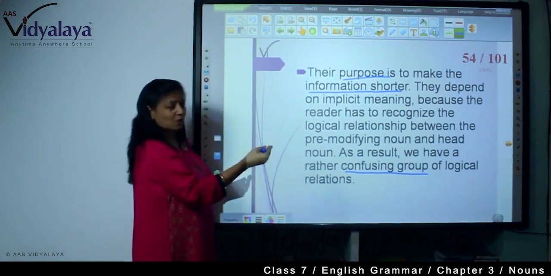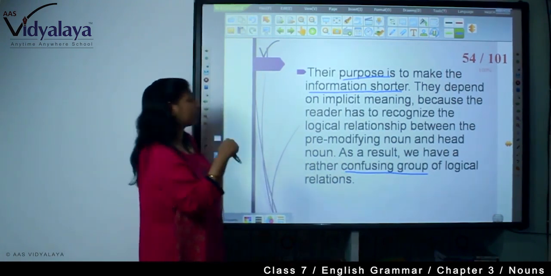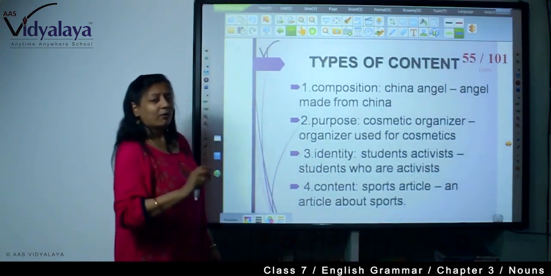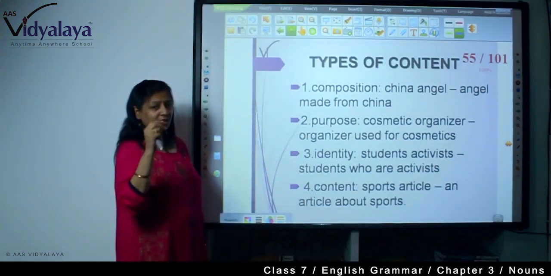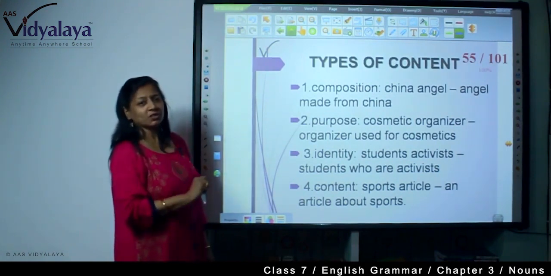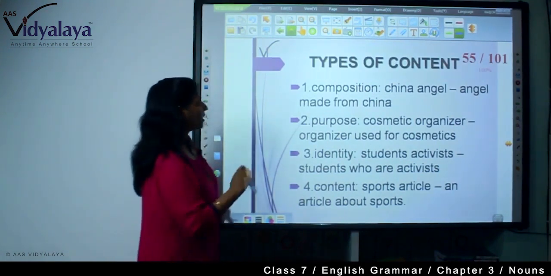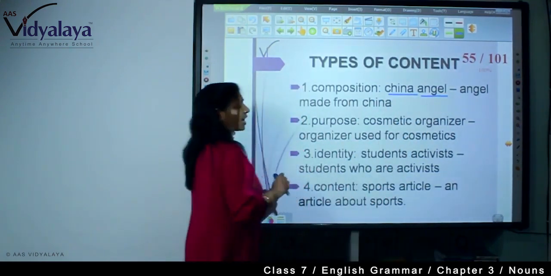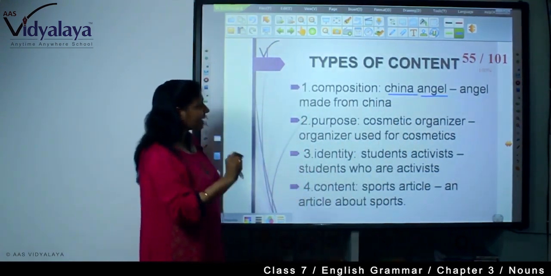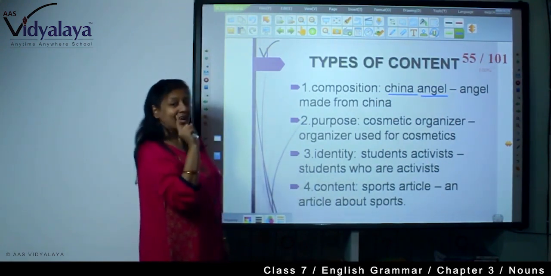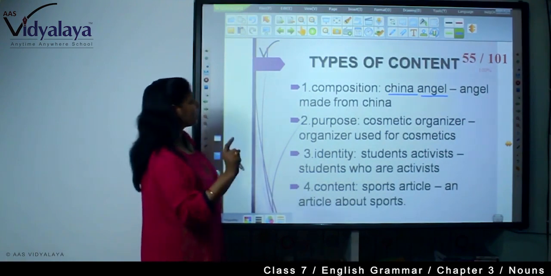So we will come to know about how it creates confusion. Now, types of content. What are the types of content in which we use the modifier? First, as a composition, we use a modifier. For example, China clay. China clay is what? Clay made from China.